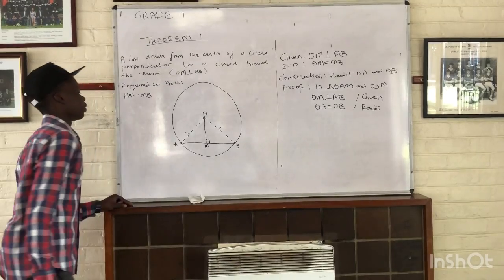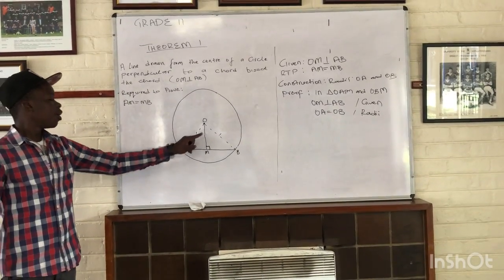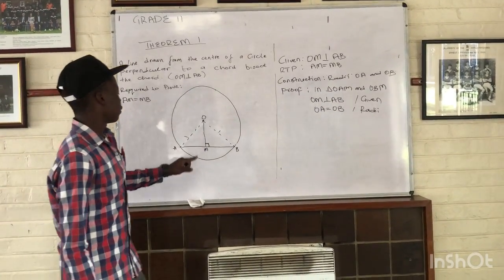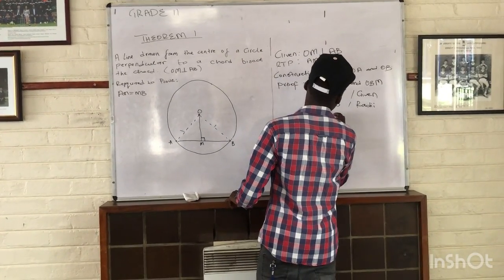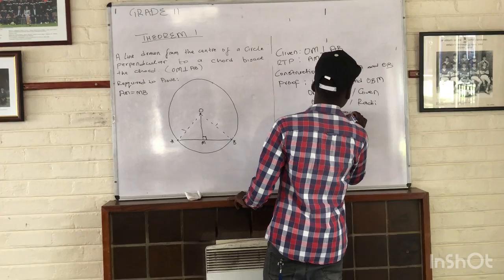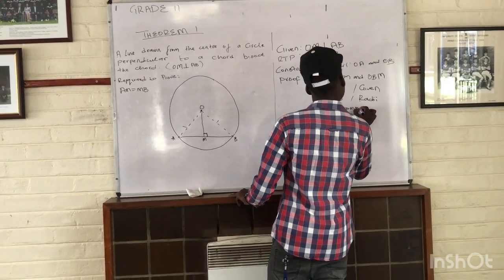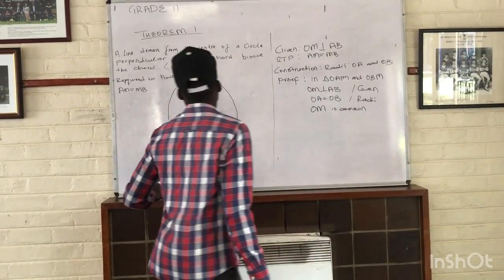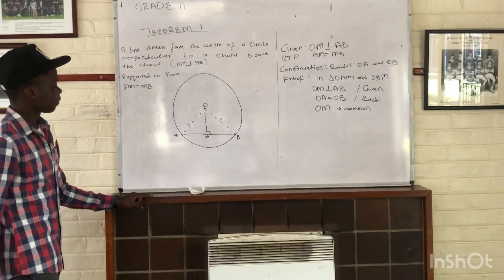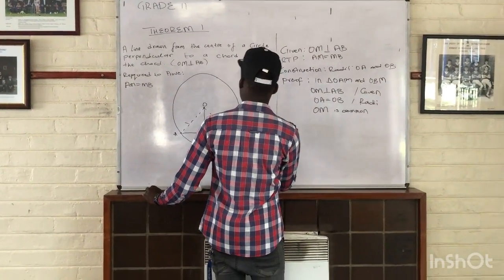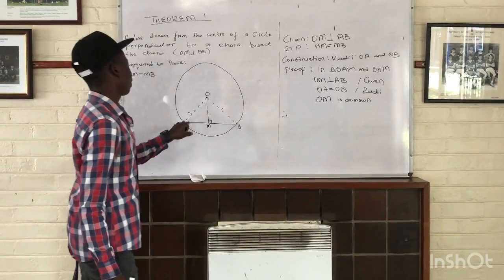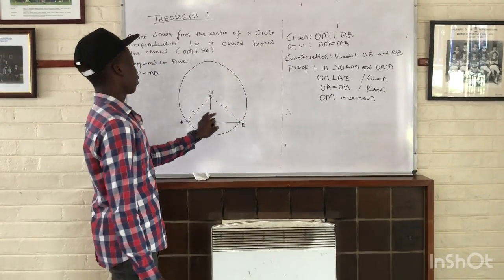And after that, we know that OM equals OM. OM is common. Therefore, it means triangle OAM is congruent to triangle OBM.